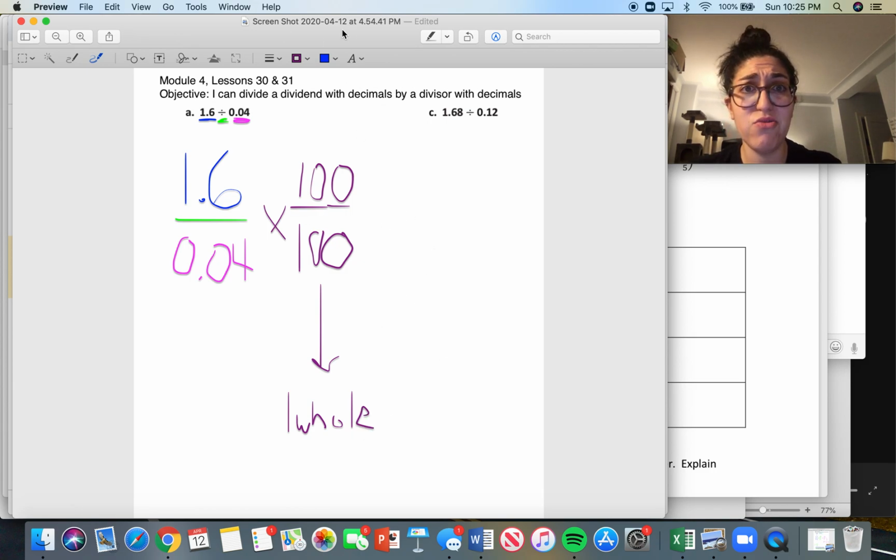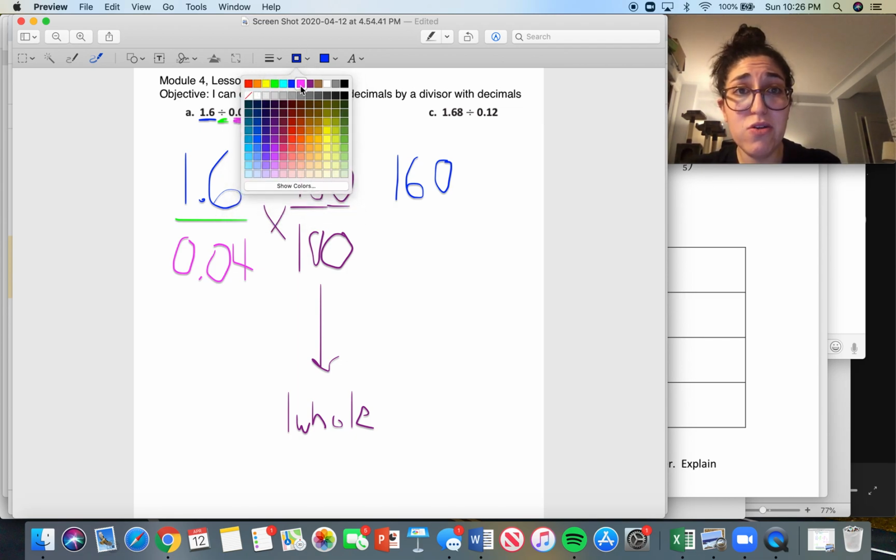So in this case, if I do this, now my 1.6 becomes 160, right? Because it's moving over twice on the place value chart, or you could think about it going 1, 2, and you would need to add a 0 here.